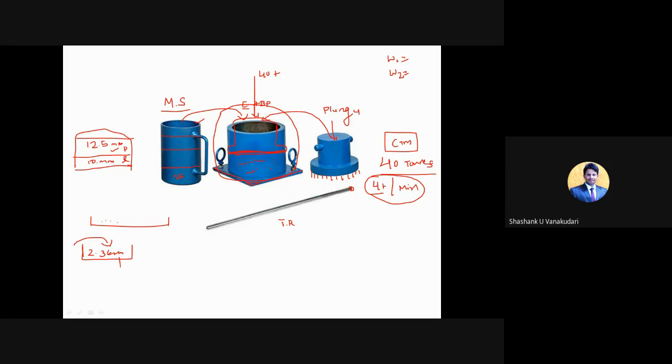Some aggregates will pass and some will be retained. The retained particles' weight you consider as W3.